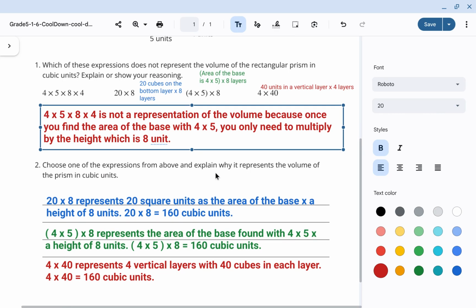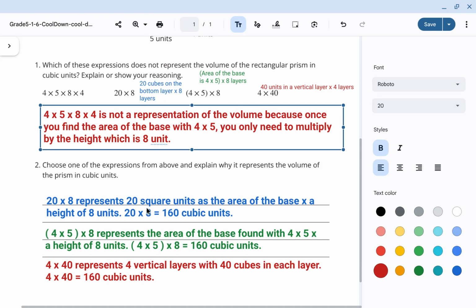What we had up here, the 20 times 8 in blue, I have just given a little bit more information down below so that if you chose that one, you can check your work with what we have in blue, because you did not have to do all 3. I did all 3 so that you can take a look at those, but you are just going to take a look at the blue coupled with the blue one down below.